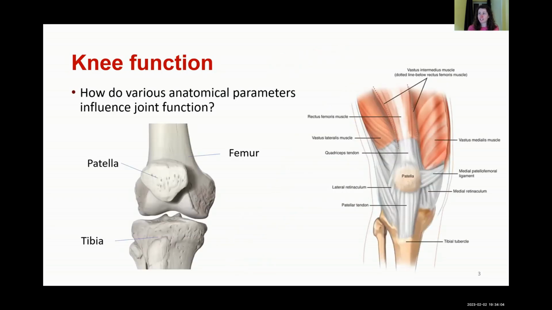And the thing we're interested in looking at with that is, for one, I'm mostly focused on the knee, although I have done some work on some other joints as well. So we're looking at how the joint functions.